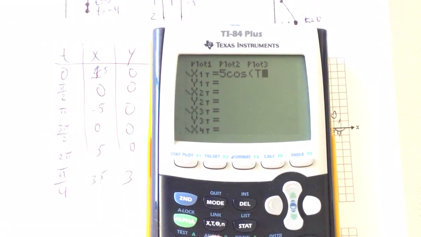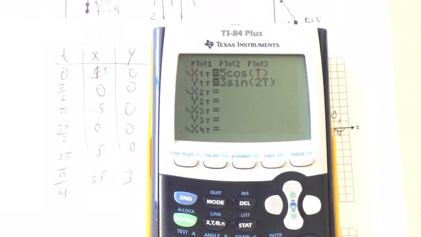Notice when you hit the x button now, it gives you a t instead. You ever look at the x button and wonder why there's an x, t, theta, n there? Those are different modes. You are graphing in different modes. I would click alpha. I've got 5 cosine t. Well, the other one was 3 sine 2t.